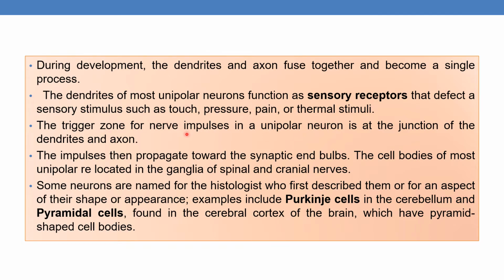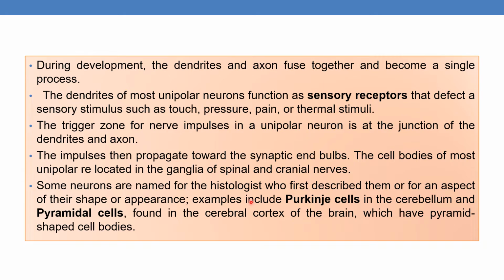The trigger zone for nerve impulses in the unipolar neuron is at the junction of the dendrites and axon. What dendrites, axon and the trigger zone are, we will discuss in the next session.